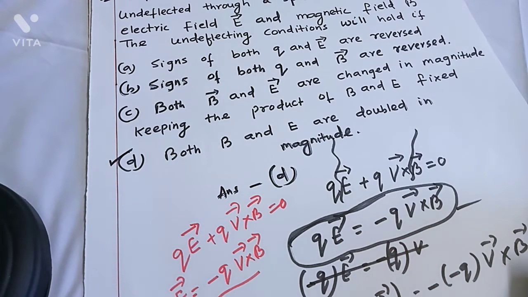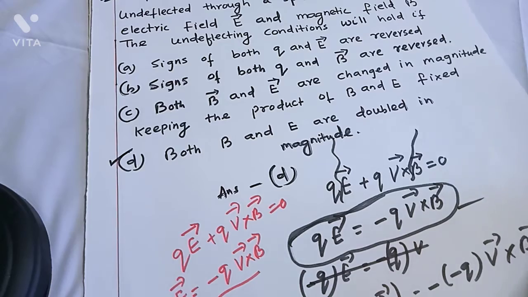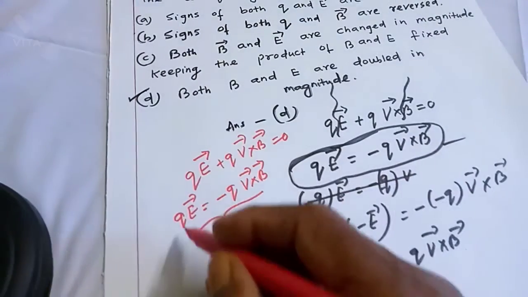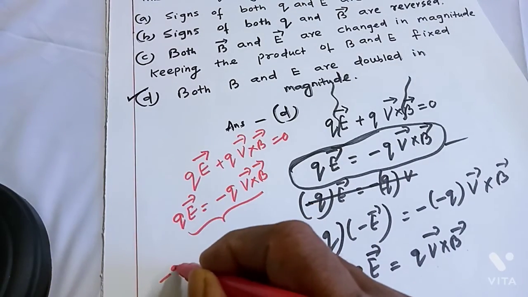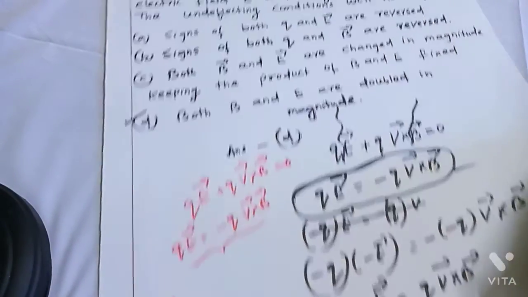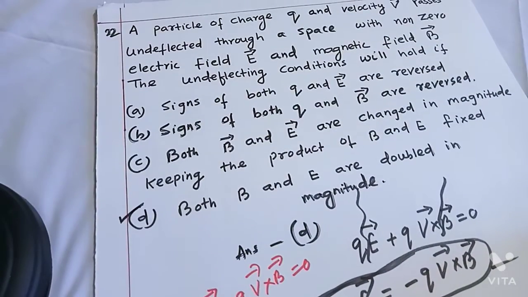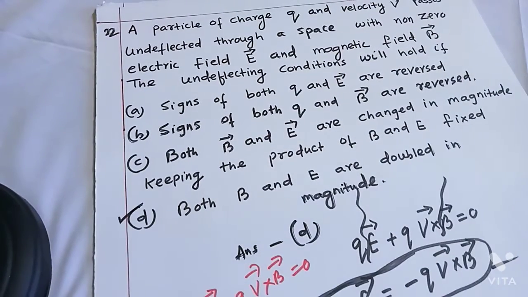Now the first choice is signs of both Q and E are reversed. If Q sign is reversed, it becomes minus Q, and the sign of E is reversed.